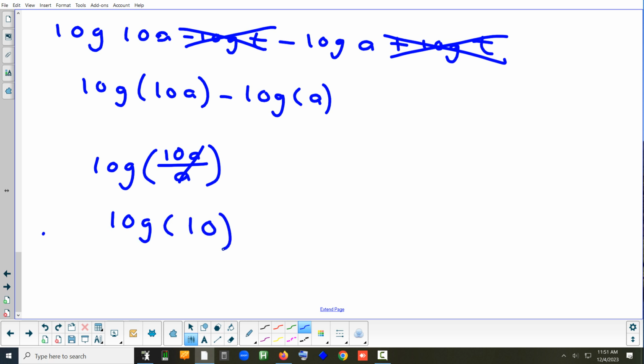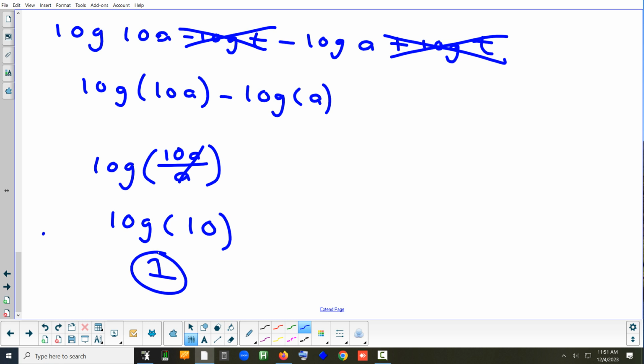Now we're left with something we can figure out. The log of 10. It's basically asking you, 10 to what power gives you 10? Yep, 1. So if the ground motion increases by 10 times as much, what's the change on the Richter scale? It's a change of 1.